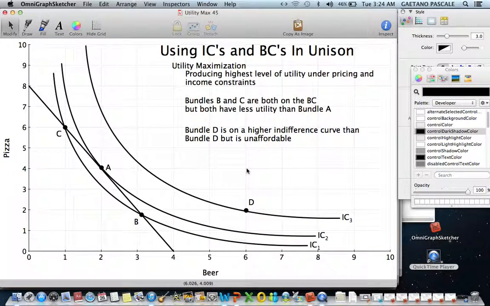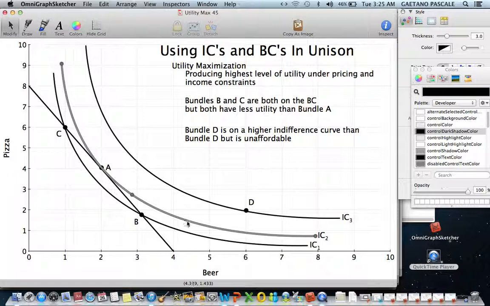Well, let's compare this to a couple other scenarios. I just told you that point A is the one that maximizes utility. Well, point C and point B are on the budget constraint, so that tells us that points B and C are affordable. I can afford to buy the combination that's B and the combination that's C. Why is point A preferable? Well, point A is preferable because it yields higher utility. How do I know it yields higher utility?